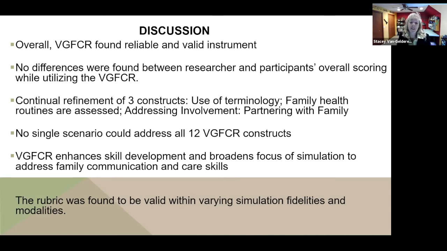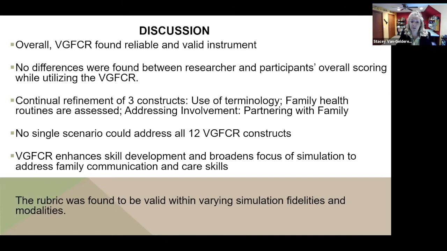Like I said, it was really important and exciting to see that there were no differences found between researcher and participants' overall scores of the Van Gelderen Family Care Rubric. This consistency is really valuable, and it shows utilization during debrief following simulation by helping participants raise awareness of their strengths and areas for improvement through that formative feedback process, from an educator-led and peer review perspective as well.